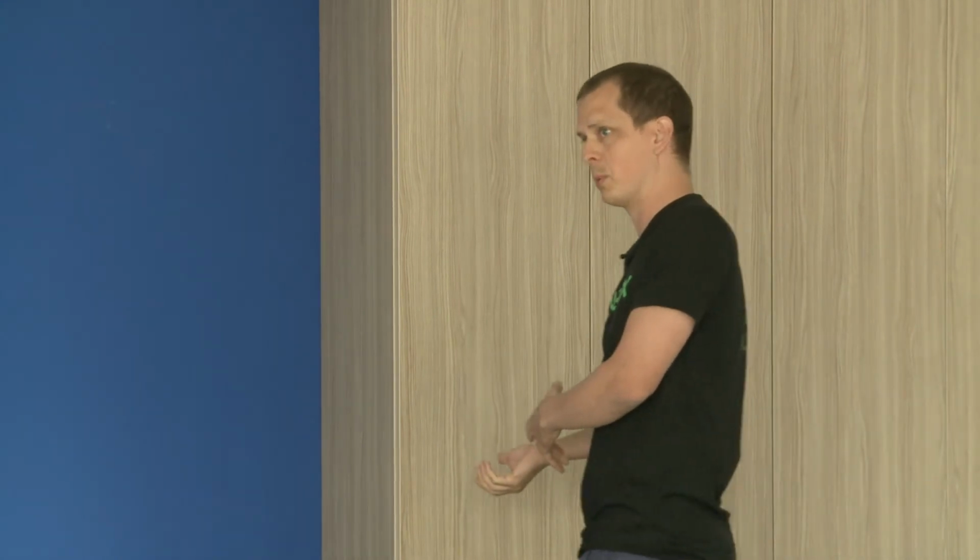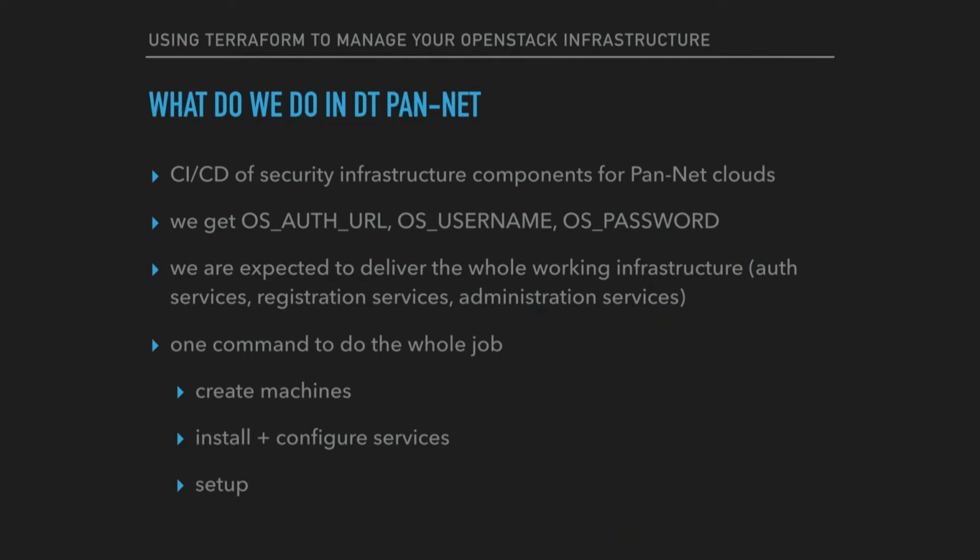In the beginning, we get a username, password, and authorization URL for the OpenStack API, and at the end, we are expected to deliver security services to customers that are basically inside our company, not outside.